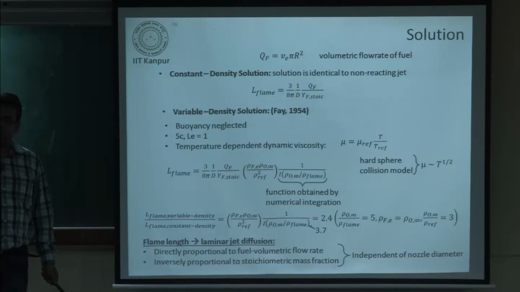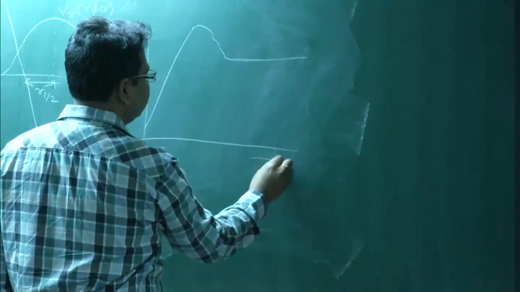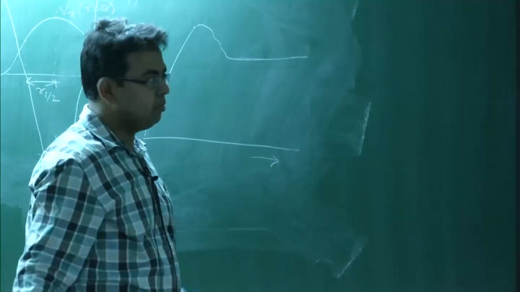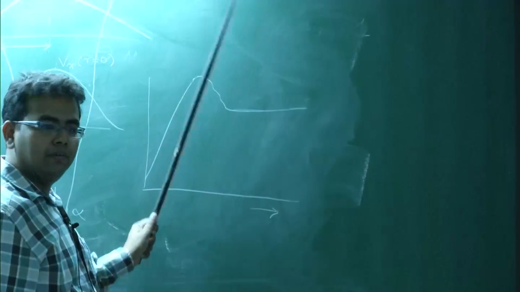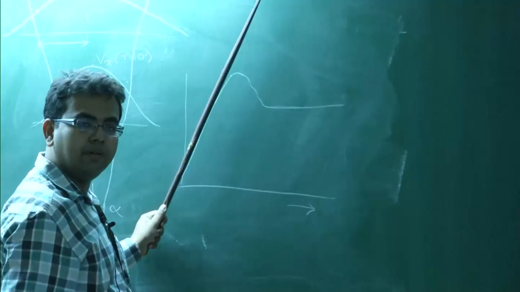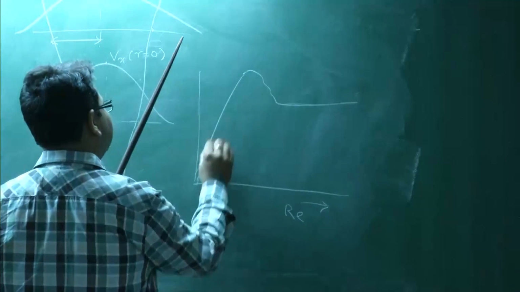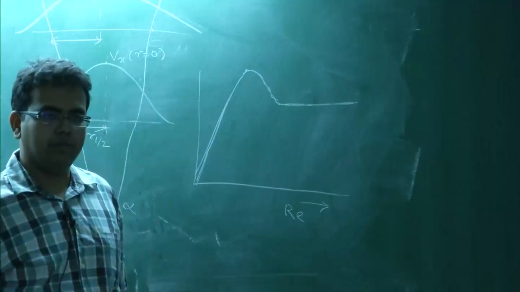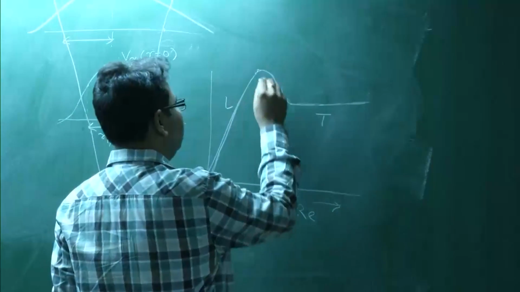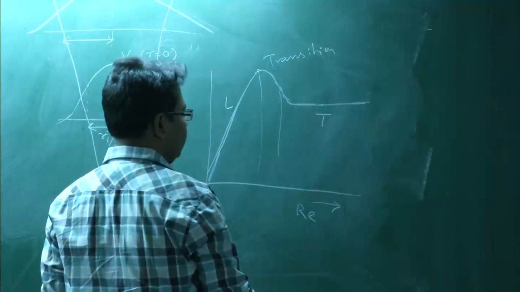For the turbulent non-premixed flame, the flame length is independent of the volume flow rate or the jet velocity. For the laminar case, it varies linearly with the fuel flow rate or the jet velocity. If you plot against the jet velocity or Reynolds number, it varies linearly in this region, and after transition it becomes constant. So this is the turbulent region, this is the laminar region, and this is your transition.